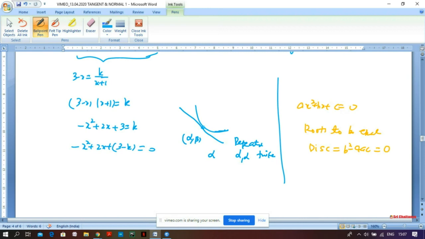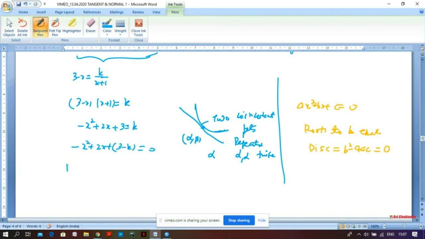If you get different values, it means that this line intersects the curve either in exactly one point, meaning two coincident points, or in two distinct points, which is not possible because you want it to be tangent.